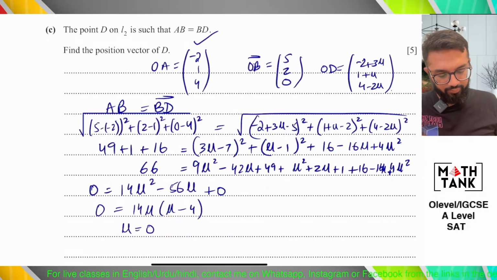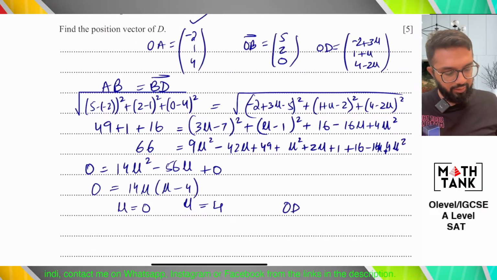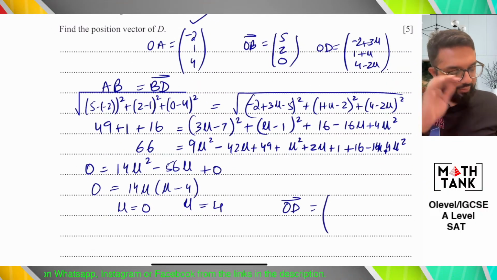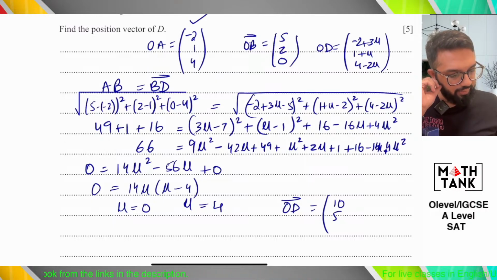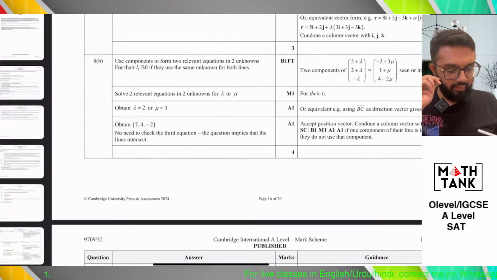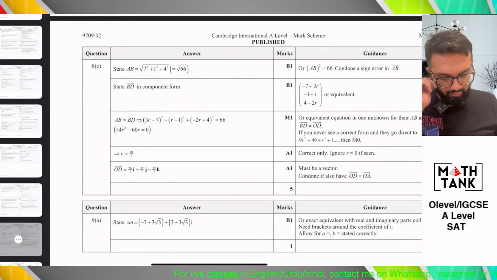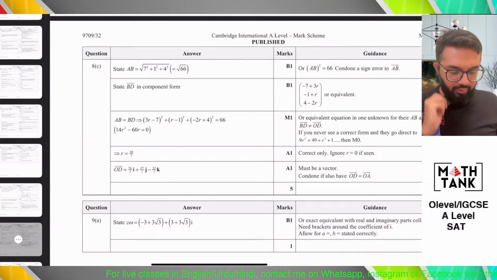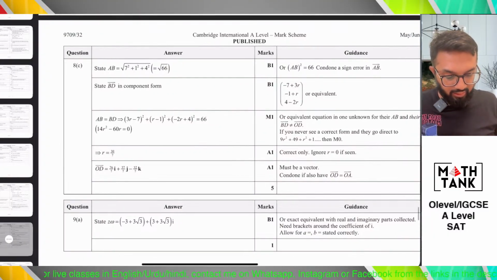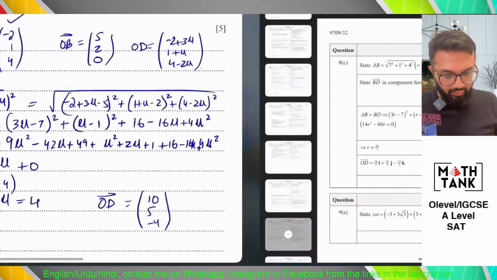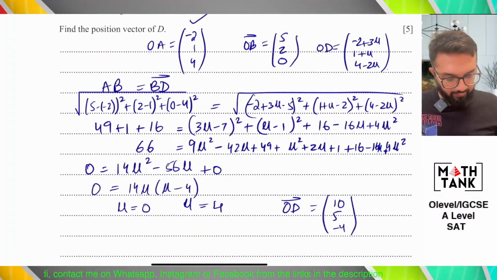Either mu equals 0 or mu equals 4. So D should be then minus 2 plus 12 is 10. 1 plus 4 is 5, and 4 minus 8 is 9. Maybe I made an error somewhere. There's 60. I got 656.